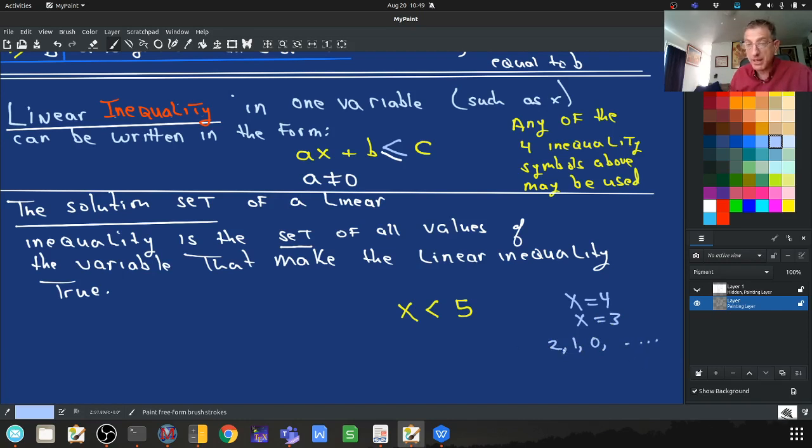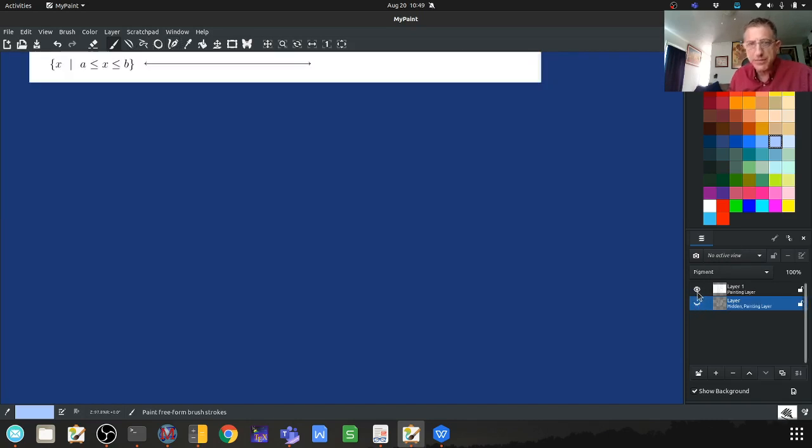And any value in between 2 and 1 would work. Any value in between 2 and 3 would work. So in general, it's often the case that the solution set of a linear inequality is infinite in size. So we have to figure out a way to actually write those, and let's do that now.